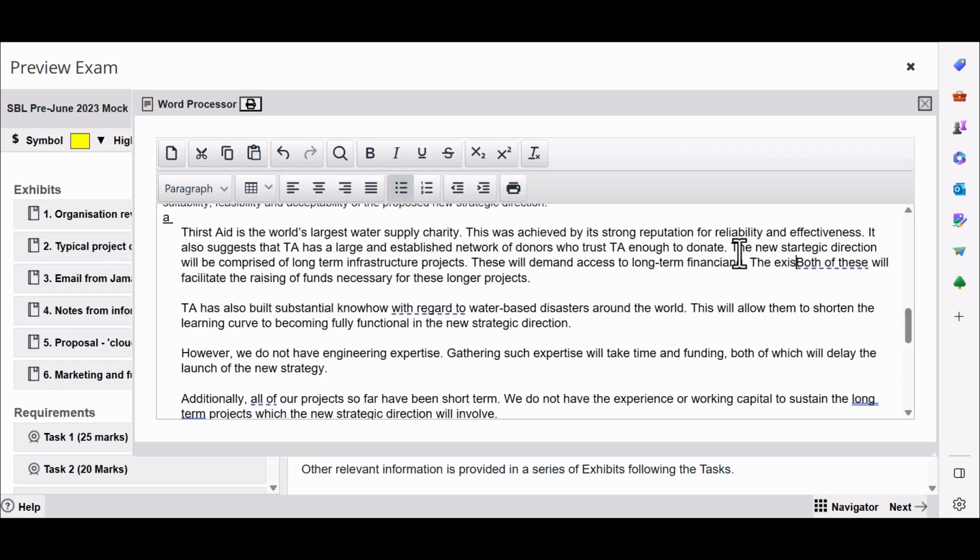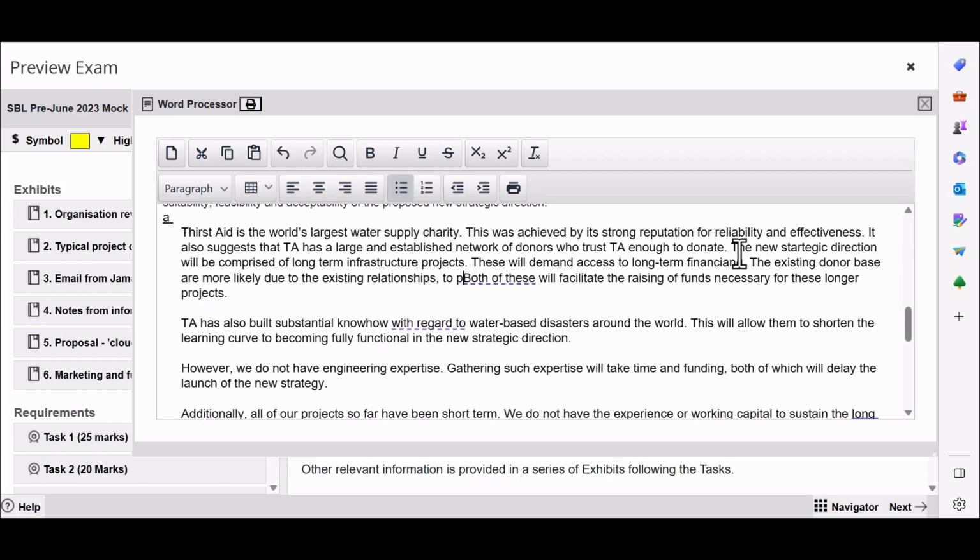The existing donor base are more likely, due to the existing relationships, to provide this long-term working capital.